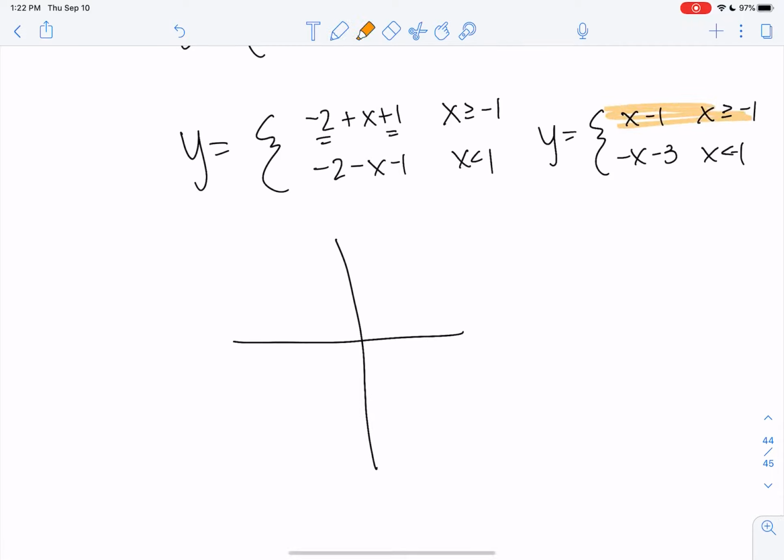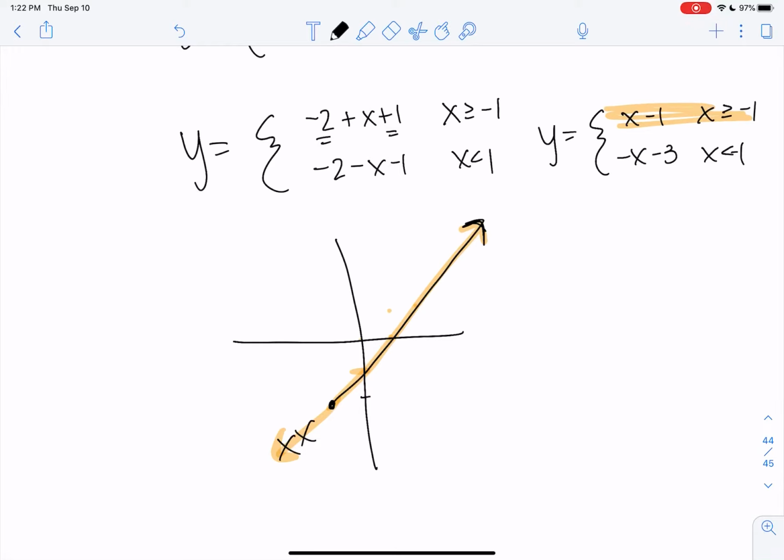So x minus 1 starts at -1 and it just goes up 1 over 1, up 1 over 1. So it looks like that. And then at -1, the value is -2, it looks like. Yeah, so that makes sense right there. So we're only going to keep this part of the graph when it's greater than -1, and we get rid of this piece.